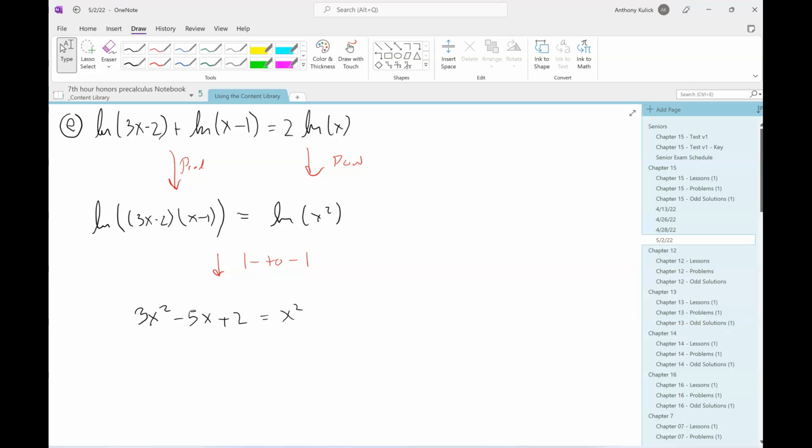All right, what do we have now? Quadratic. What should I do first to solve this bad boy? It's got to be equal to 0, so we subtract the x squared from both sides. Okay, and how do you want to solve this quadratic?